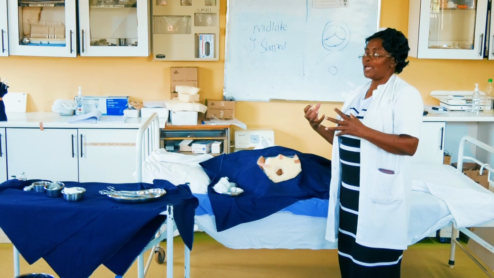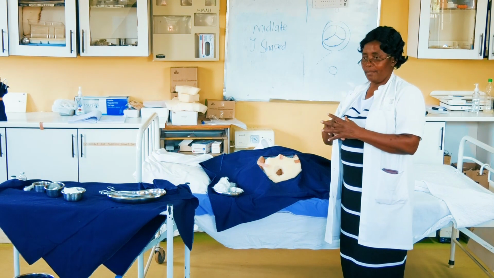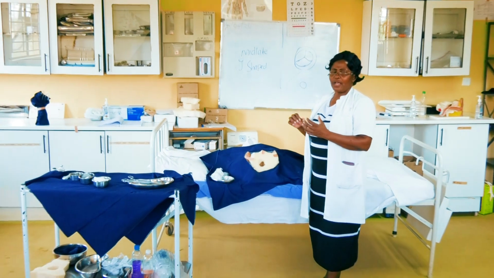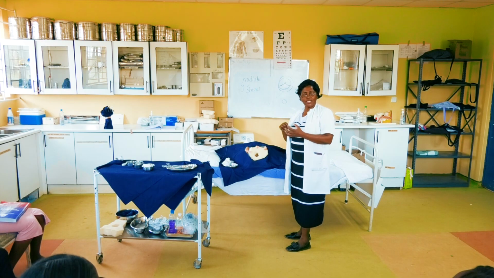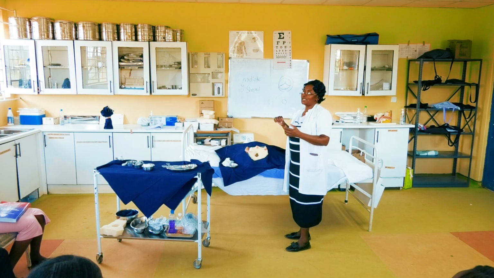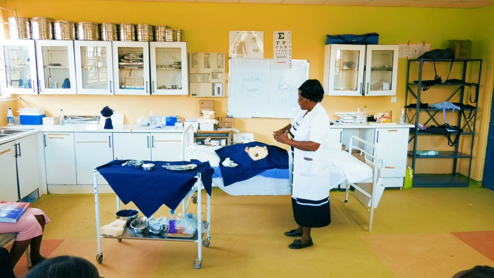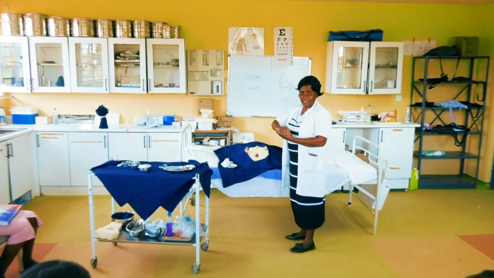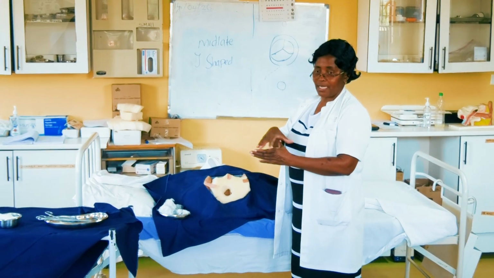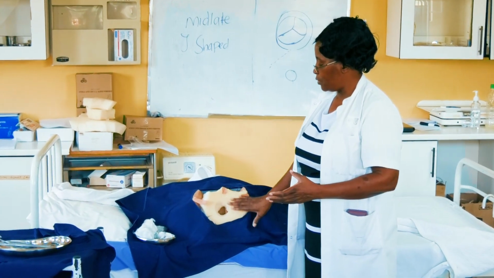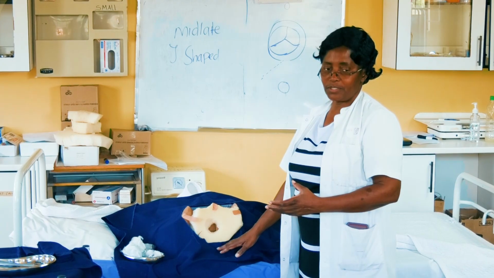Because usually as the head is rotating, it will come and then it goes back. You've seen how a tortoise behaves, isn't it? Until finally the head is stuck there, it is no longer going back because it has stretched this area there. That's when we are going to perform the episiotomy.